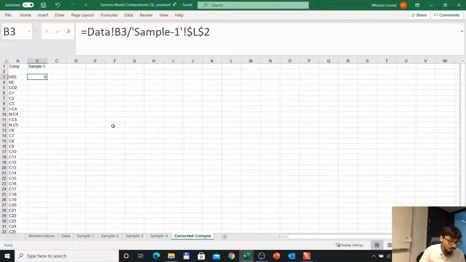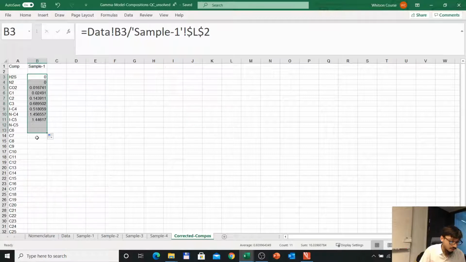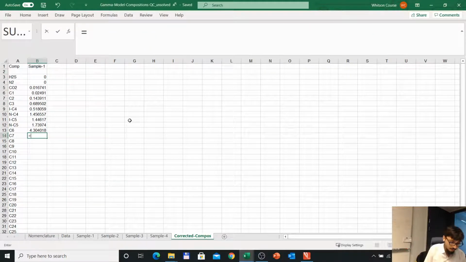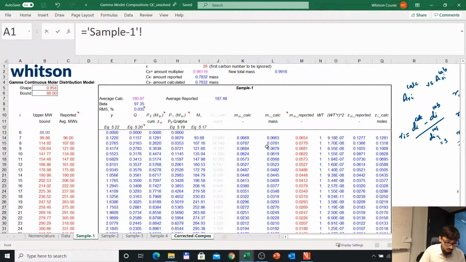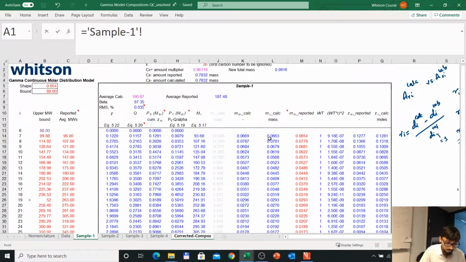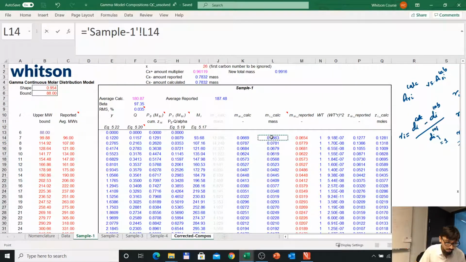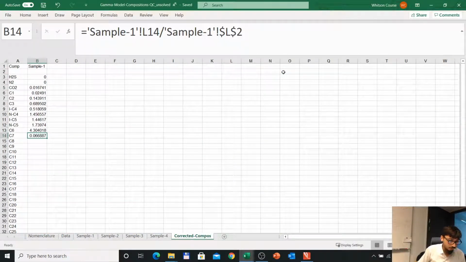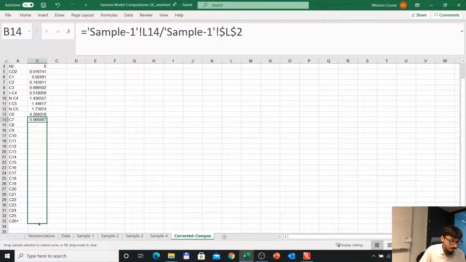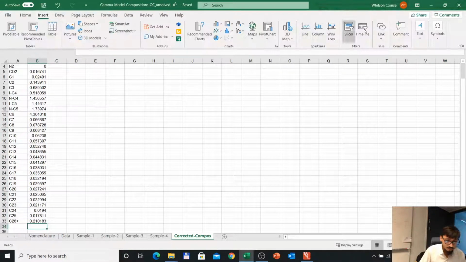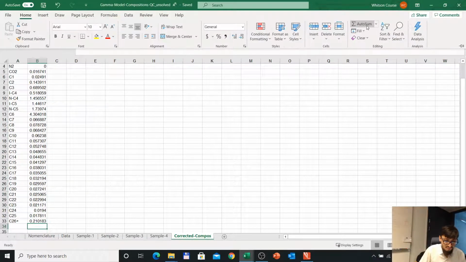We can drag that down onto C6, and then we have a C7 calculated value, divided by this number here, and this sum has to be 1.